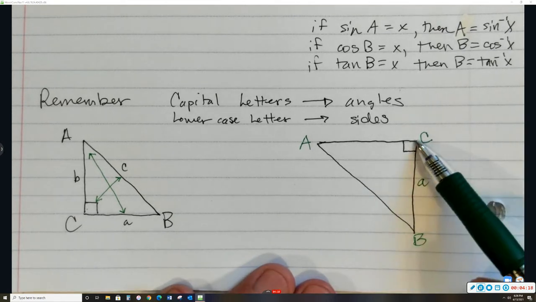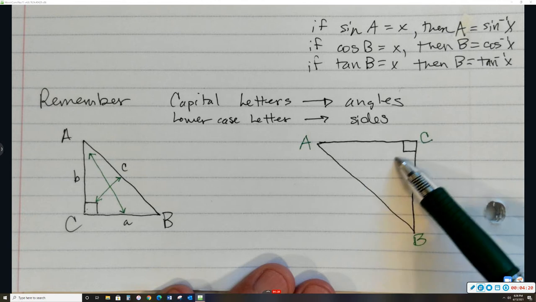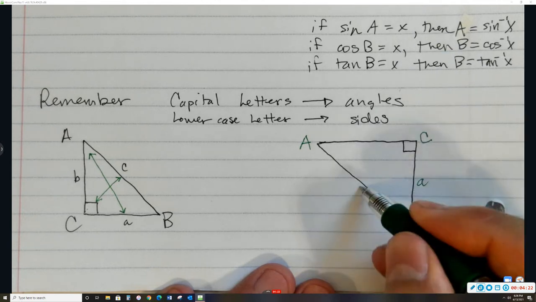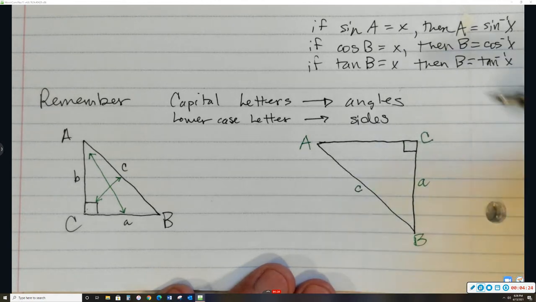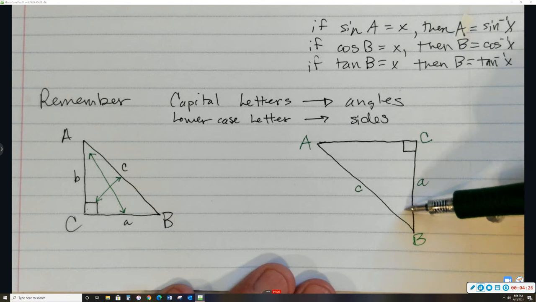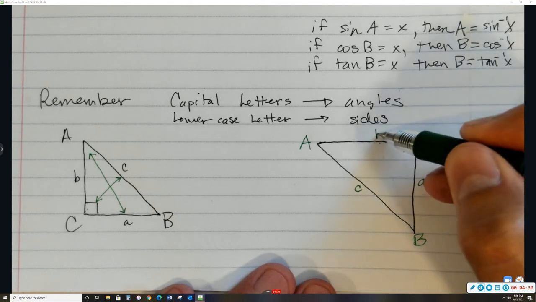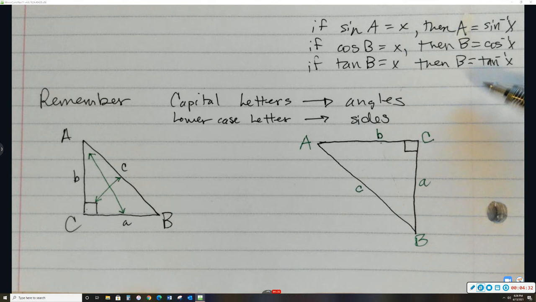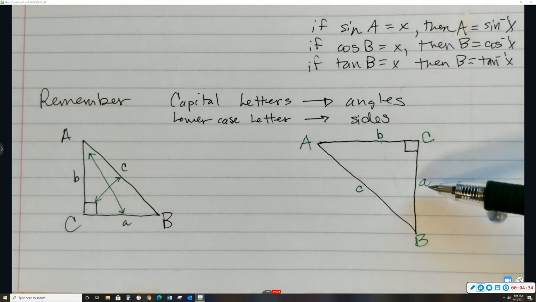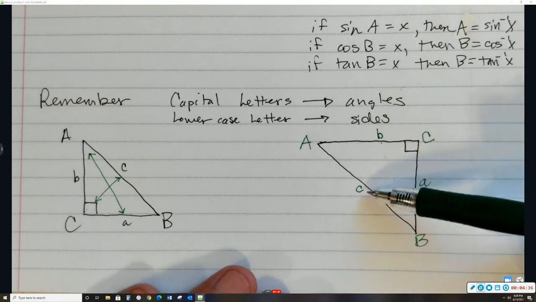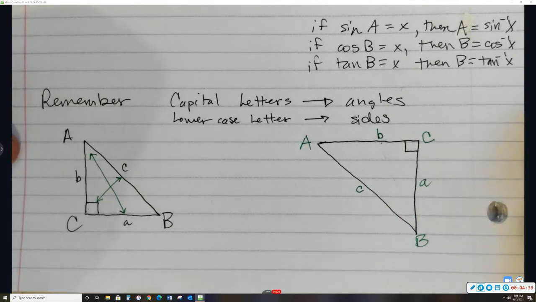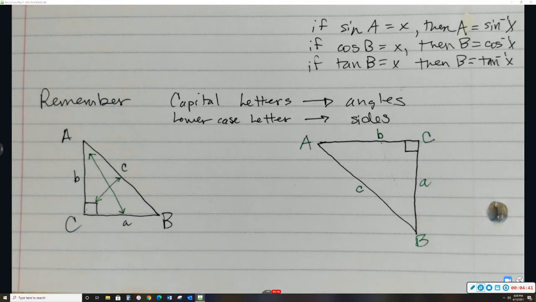Same thing here: across angle C, the side is little c, and across angle B, the side is little b. If the letters A, B, and C are being used, C tends to be the hypotenuse. That goes back to the Pythagorean theorem, a squared plus b squared equals c squared. Pause this, copy it, and then we'll get going.